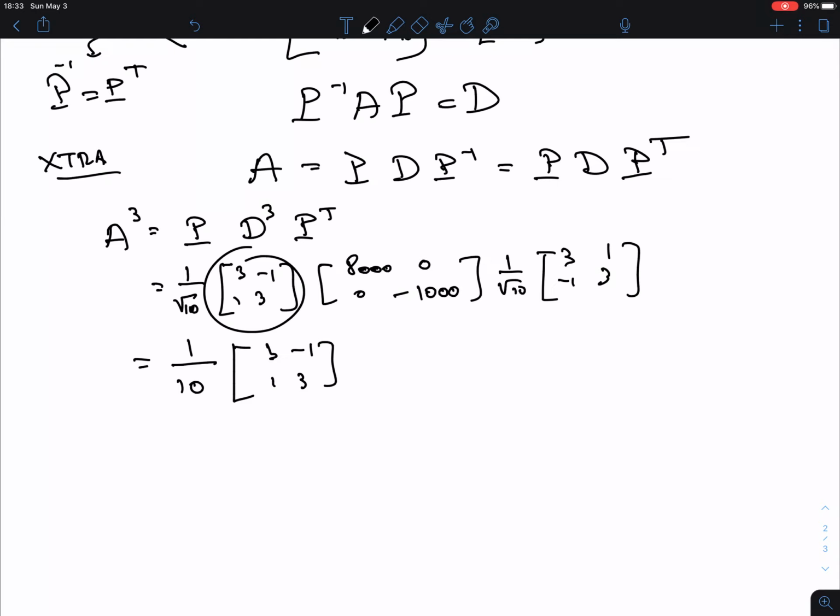Now, the 1 over 10 we can bring inside here into the diagonal matrix. As I said, scalars can be moved around in this product, not the matrices, but the scalars. Multiplying a matrix by a scalar means every single entry has to be multiplied, so here we can get the 1/10 in so that we divide everything by 10. Okay, let me redo it because you might have got lost a little bit on what I'm doing.